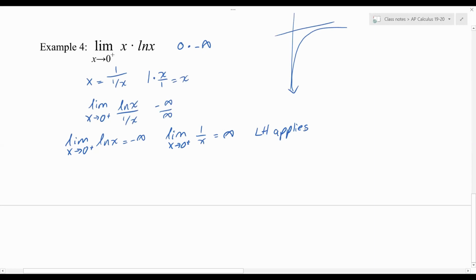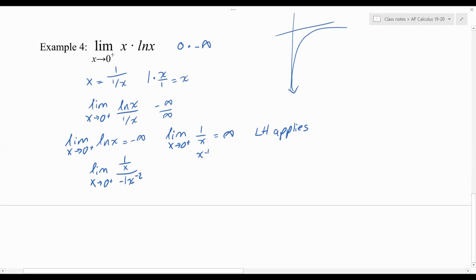Let's take our derivatives. We can rewrite 1 over x as x to the negative 1. So the limit as x approaches 0 from the right: the derivative of ln of x is 1 over x, over the derivative of 1 over x, or x to the negative 1. Bring down that negative 1, and x to the negative 1 minus 1 is negative 2.